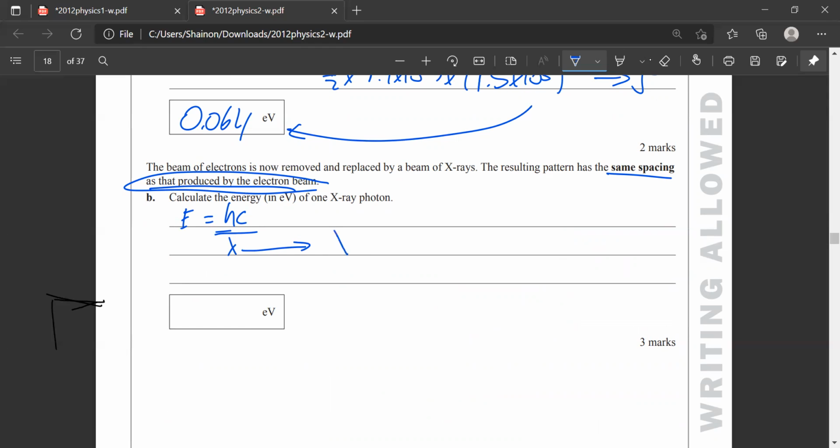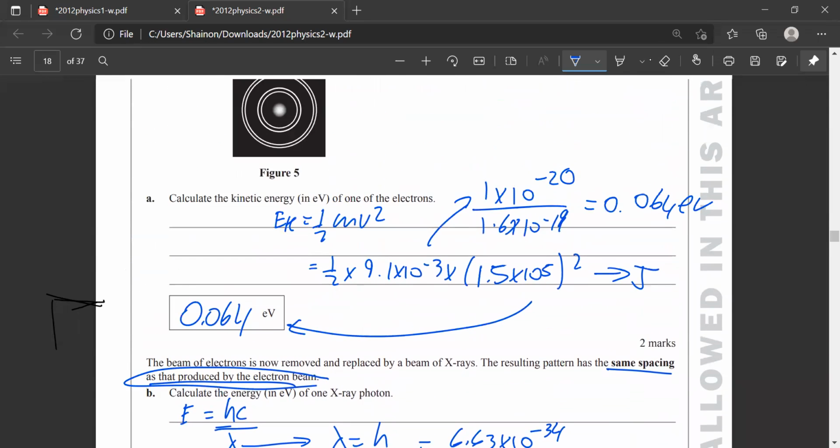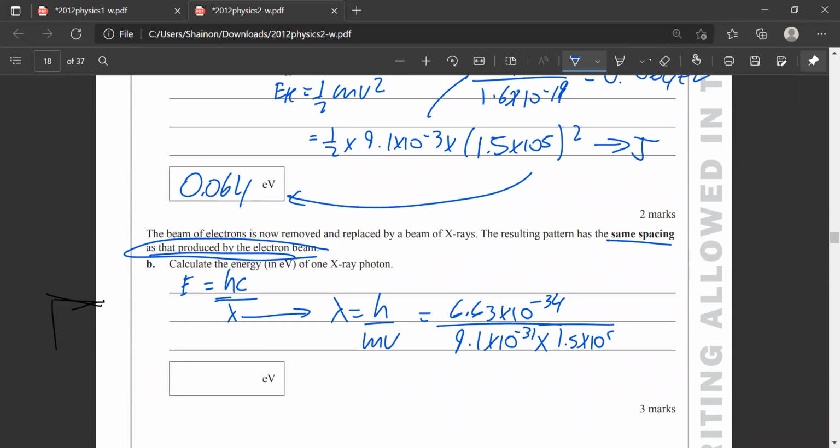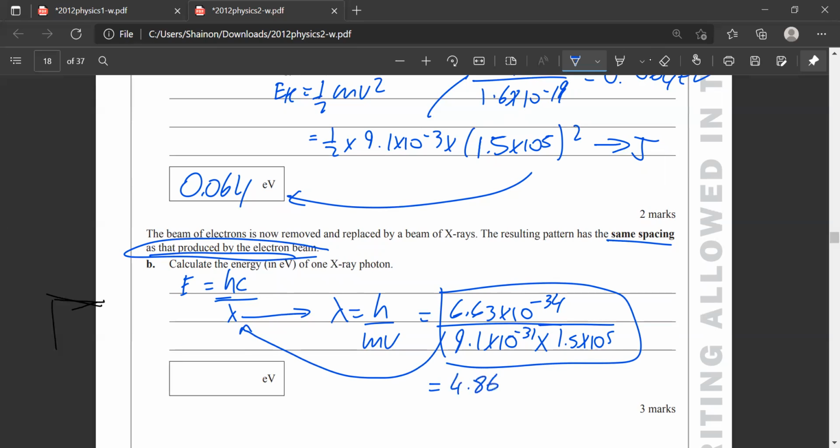We need to find this. h over mv, 6.63 times 10 to the power of negative 34 over 9.1 times 10 to the power of negative 31 times the velocity, which is 1.5, and then you sub this value into this here, and you should get the energy, but make sure this is in eV.